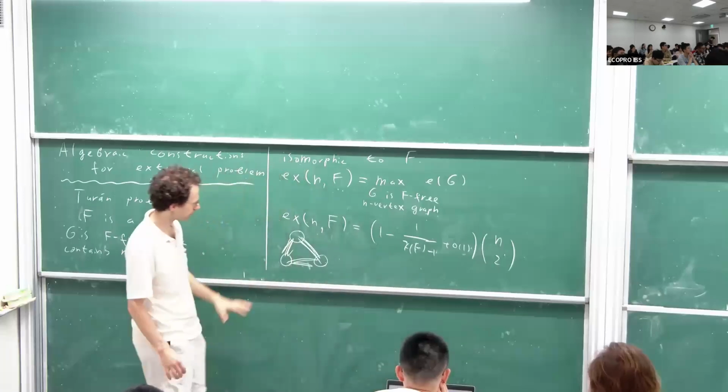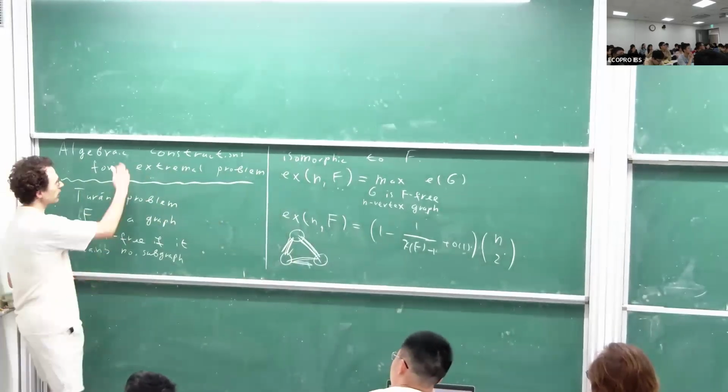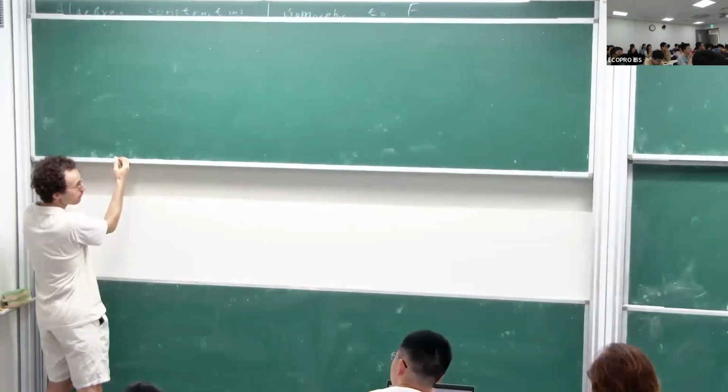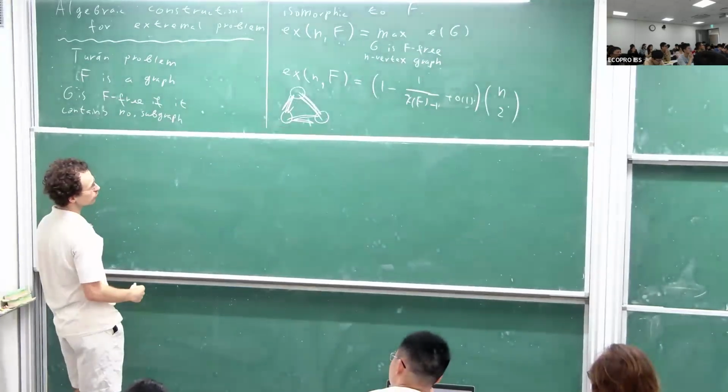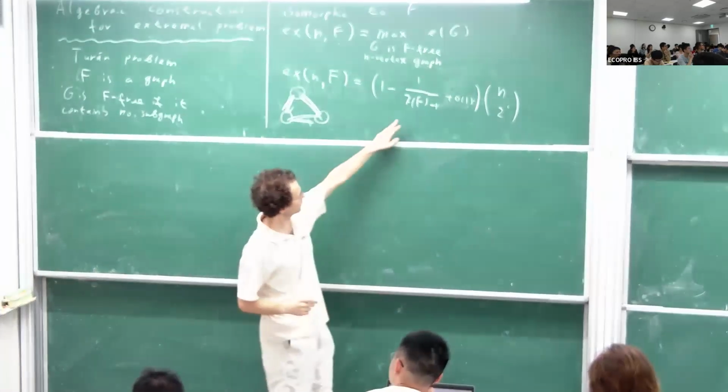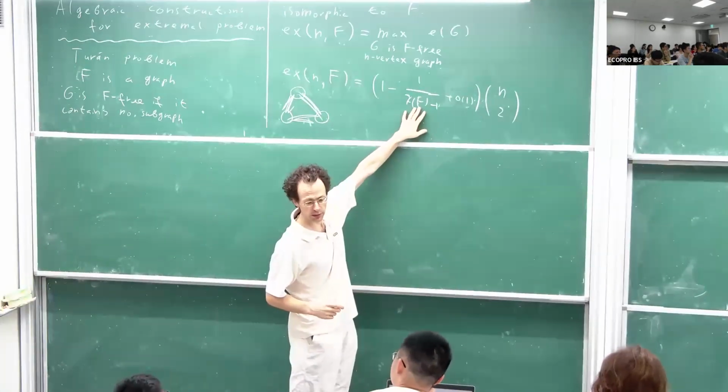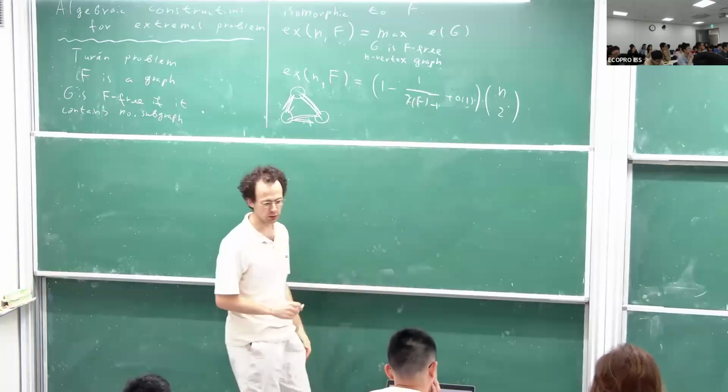Okay, what we want to focus on is the situation where this F is bipartite, in which case this number vanishes, and this is not actually any really good.